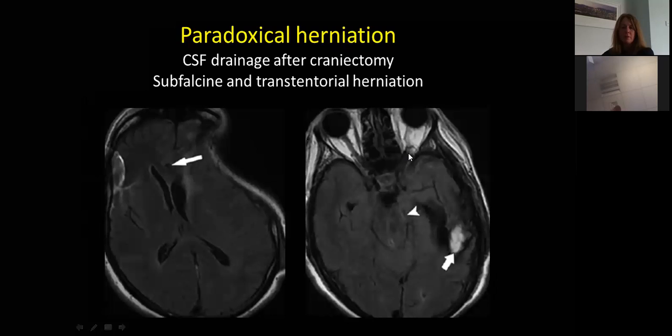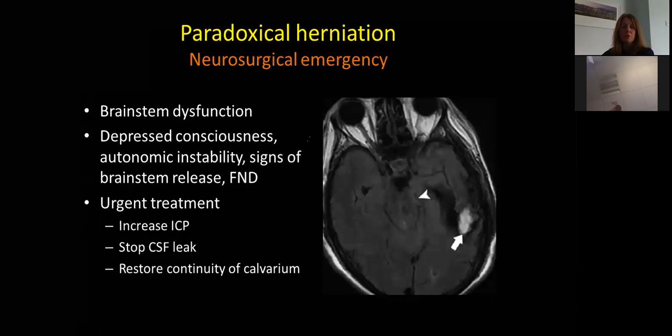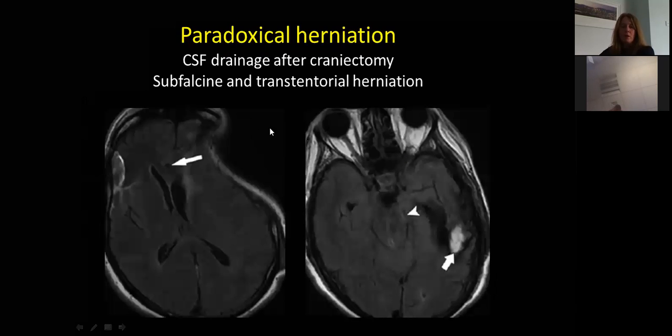And the final thing I'm going to tell you about is this other neurosurgical emergency. So this is a craniectomy with a sunken flap, and instead of the brain being in the midline, there's midline shift to the right. There's subfalcine herniation here, and there's also transtentorial herniation. So the basal cisterns here are effaced, and the midbrain is being squished side to side. They've also got some blood in their temporal lobe. I think it was a traumatic brain injury.